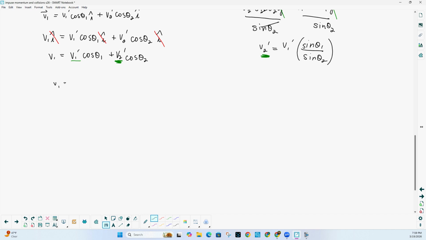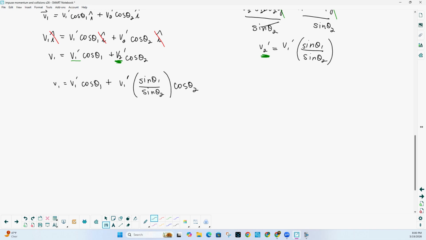We have v1 is equal to v1 prime cosine theta 1 plus, substituting that in, v1 prime sine theta 1 over sine theta 2 all times cosine theta 2. Some of you may be saying, oh, well, that can be sine theta 1 divided by tan theta 2, that's true.